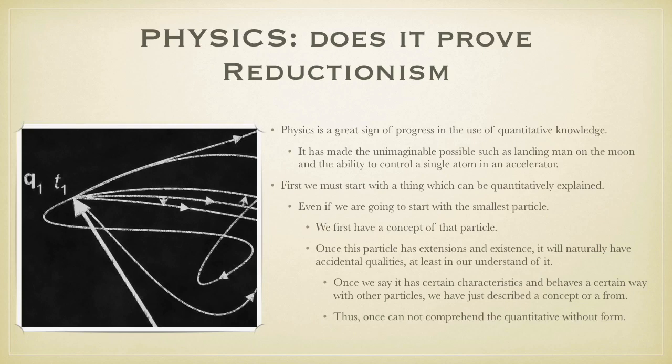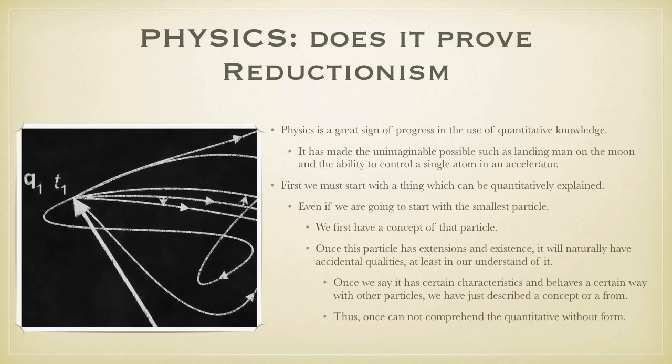However, this is not agreed by modern science, for these balls are actually made up of smaller things, which are themselves made up of even smaller things. Assuming there is a smallest particle, we are still not left with pure quantity, for we still have a concept or an idea.